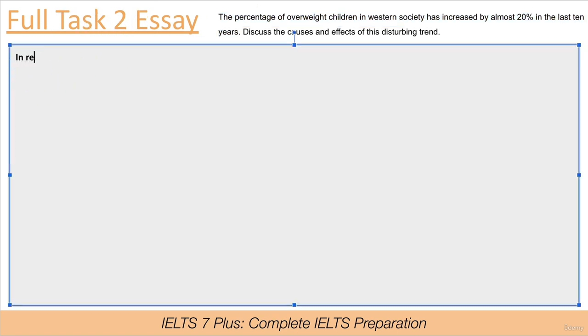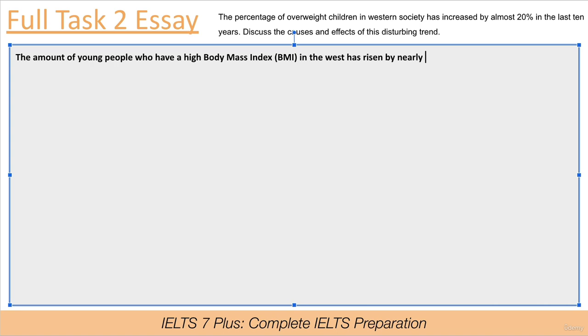So we could say something like: the amount of young people who have a high body mass index, and then we could put BMI, in the West, has risen by nearly 20% in the last 10 years.